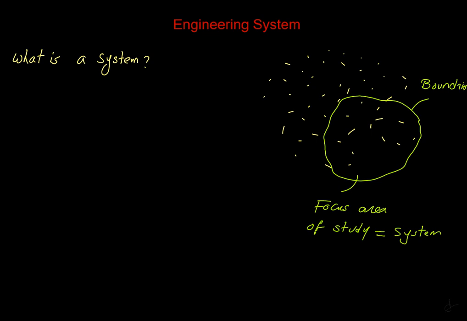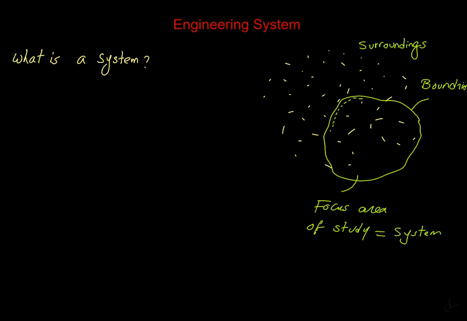Everything inside that boundary is called the system, and everything outside the boundaries we call the surroundings. Remember, that boundary is a line of illustration, and could physically not exist. Sometimes we draw a dashed line here.